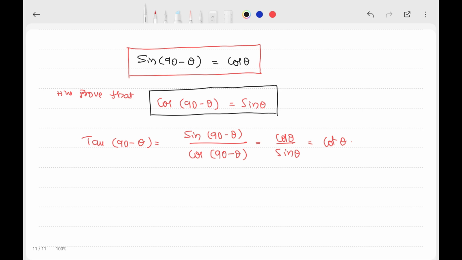That is, tan 90 minus theta is equal to cot theta. These I have already explained in my previous classes. Please see my previous lectures.